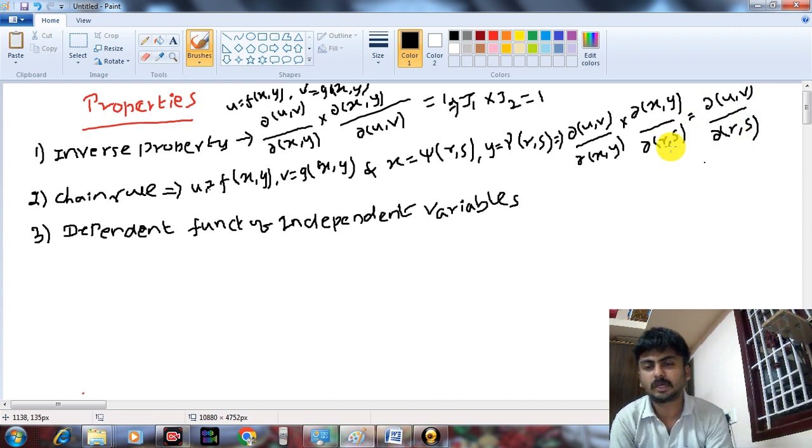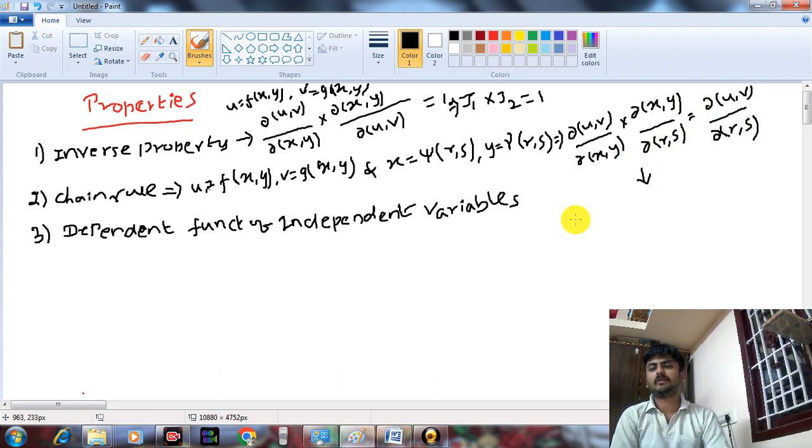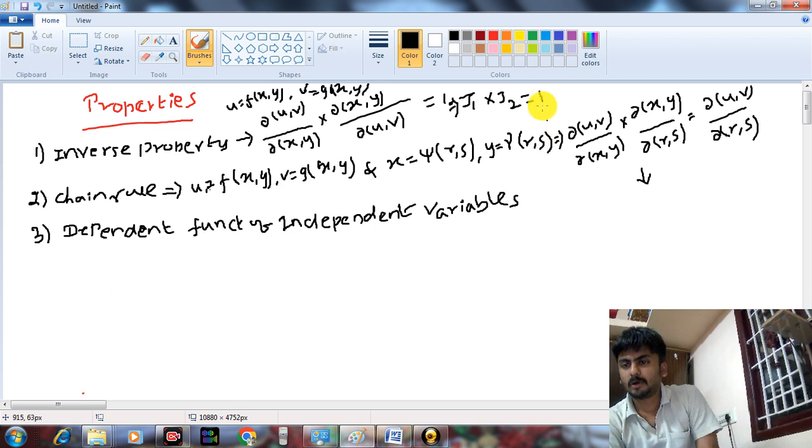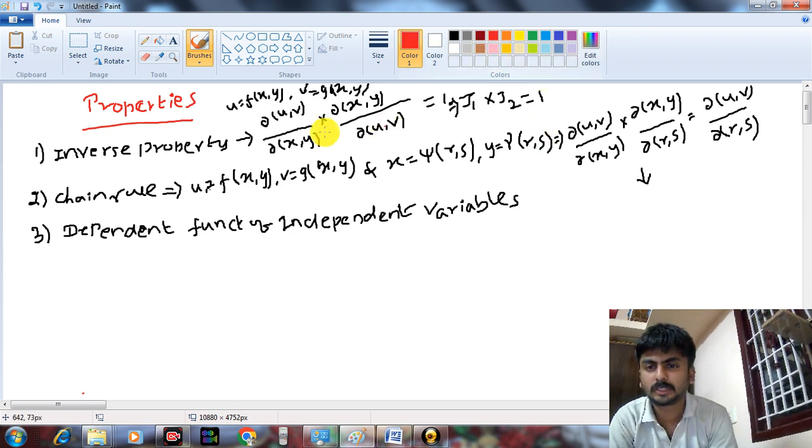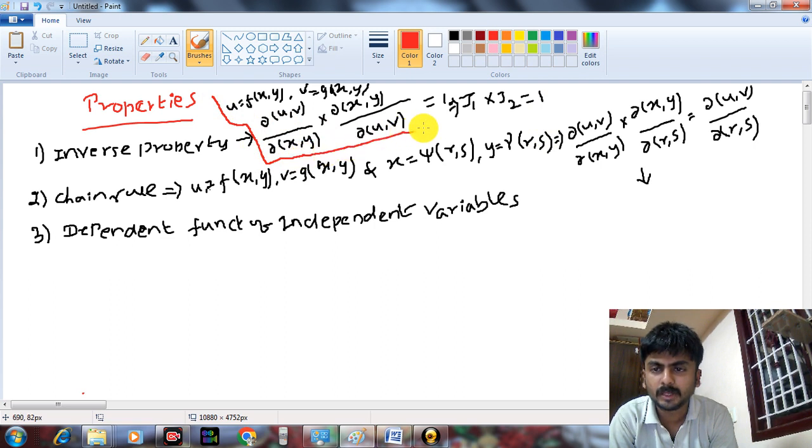Here we have dou of (u, v), so I shall mark this: if u and v are functions of x and y, then dou of (u, v) divided by dou of (x, y) into dou of (x, y) divided by dou of (u, v) equals 1.